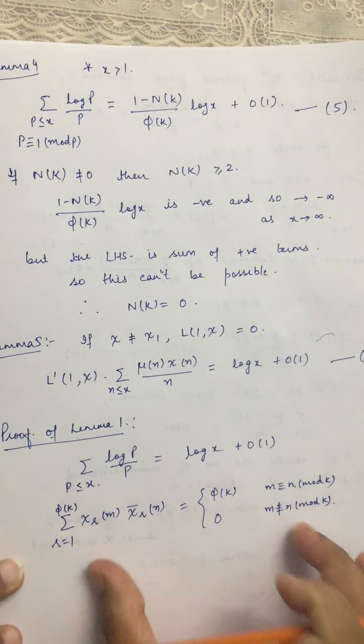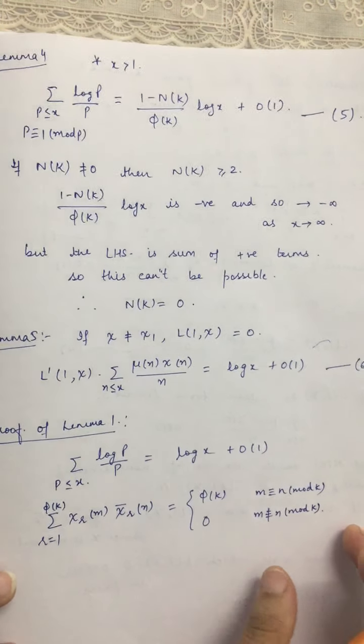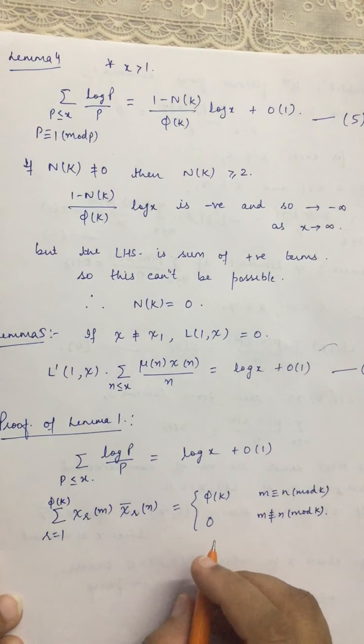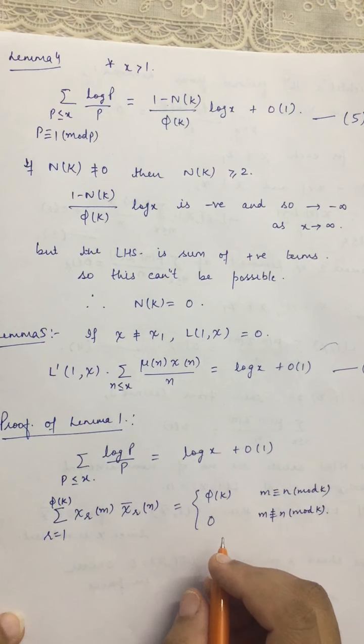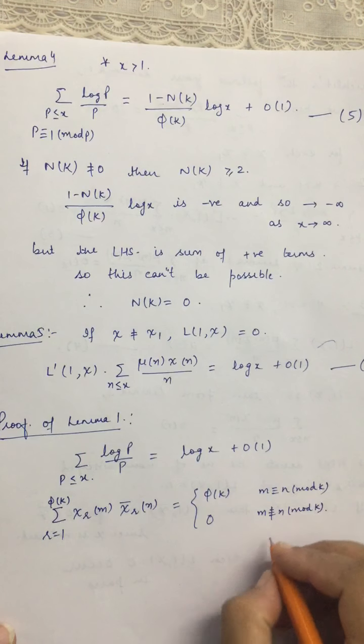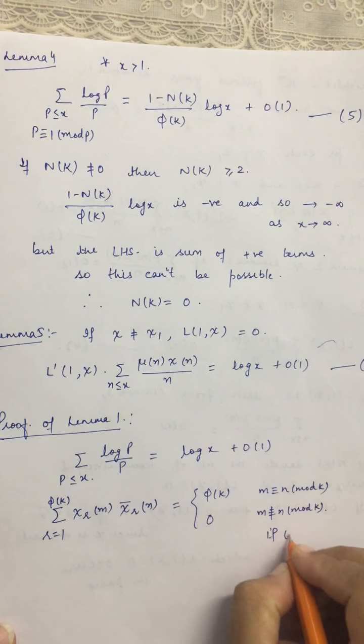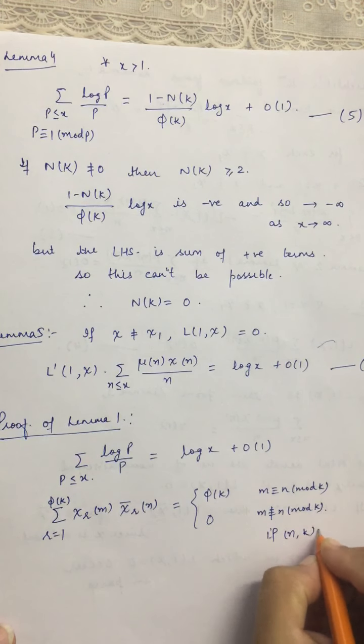This orthogonal relation in Dirichlet characters is valid if n and k are co-prime.